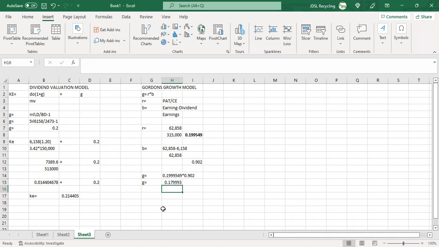We have 0.17. Please, sorry, this B here, 62,858, is it minus 6,158? Is it all divided? I don't understand. How do you arrive at this 0.902? Okay, it is 62,858 minus 6,158, your answer divided by 62,858. What do we have?